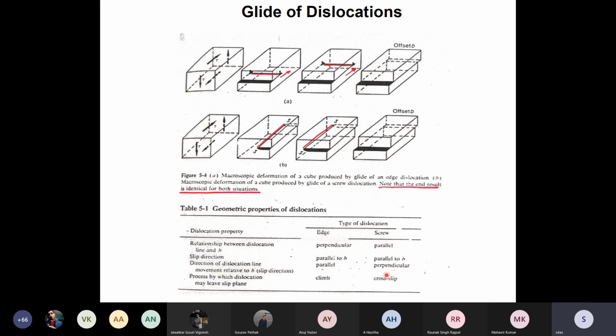Along which direction do 111 type planes intersect? Huh? You see, 70 plus students, not a single fellow answered it.